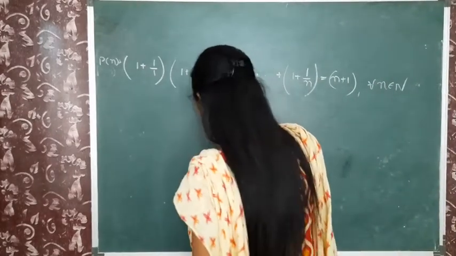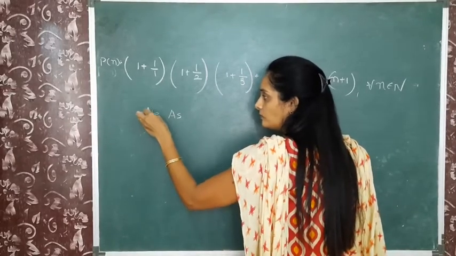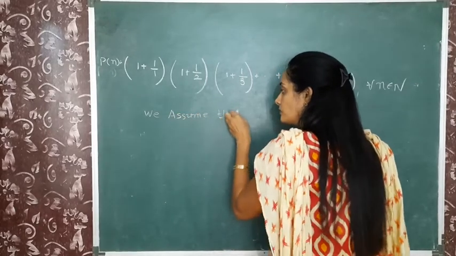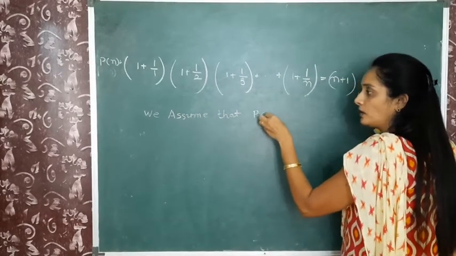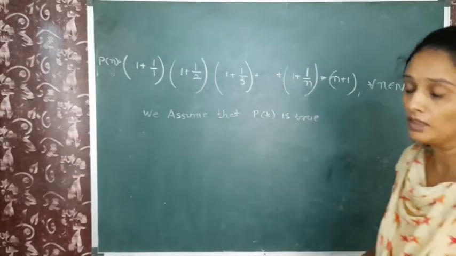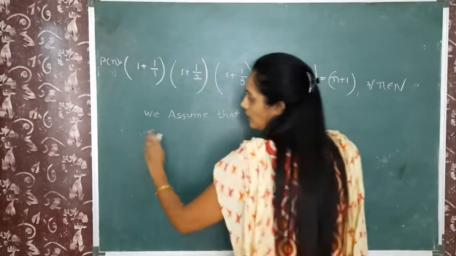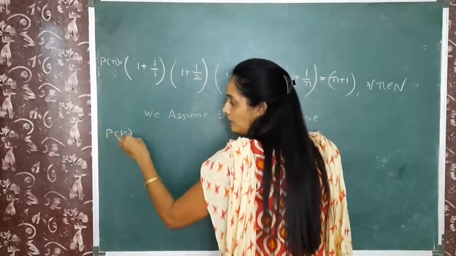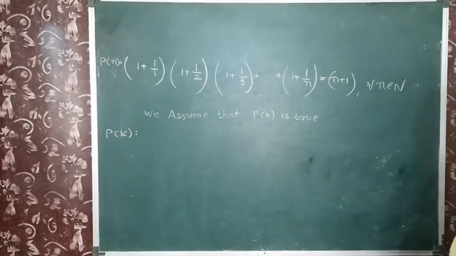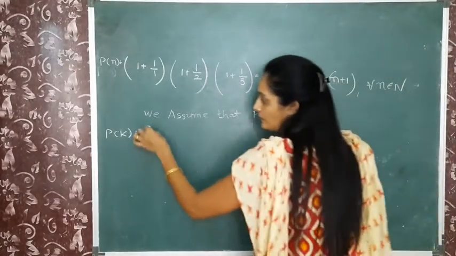Now we assume that P of k is true. That means this statement is true for any natural number k, and therefore we can write P of k. Actually we have to write down statement Pn, but replace n by k.